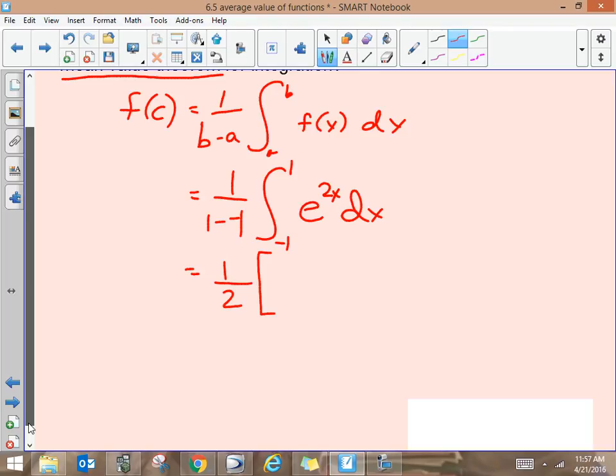Remember how to do it, like the substitution in general? What do you think it is? The whole answer: e to the 2 minus e to the -2. Okay, hold on. What's the antiderivative? e to the 2x squared.